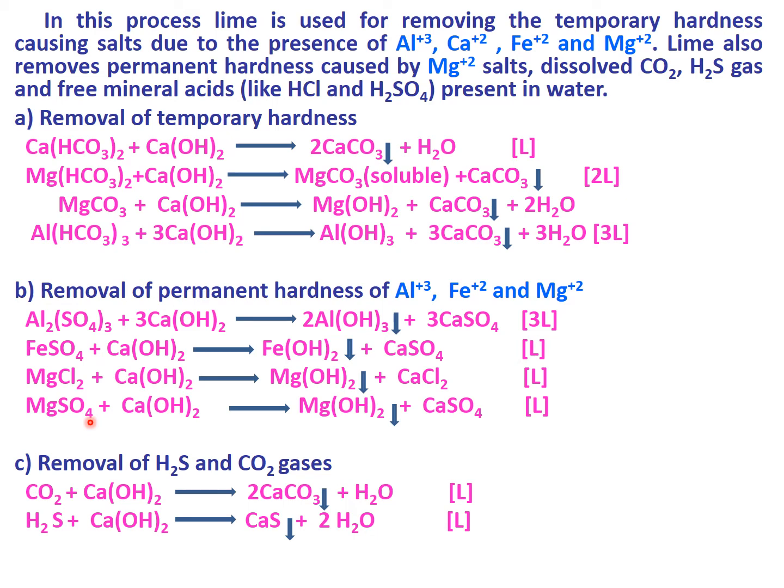When we add lime, in the case of aluminium sulfate we require 3 moles of lime to react with aluminium sulfate, and it makes a new salt, aluminium hydroxide, as a precipitate.